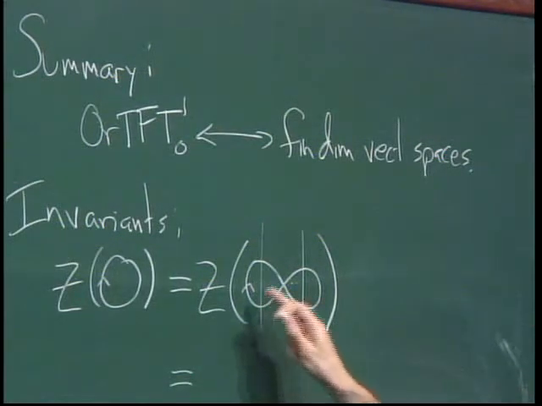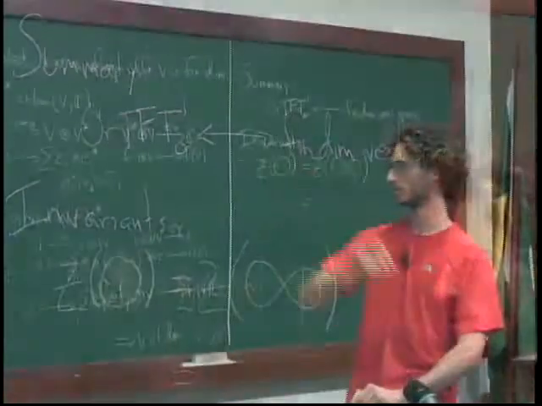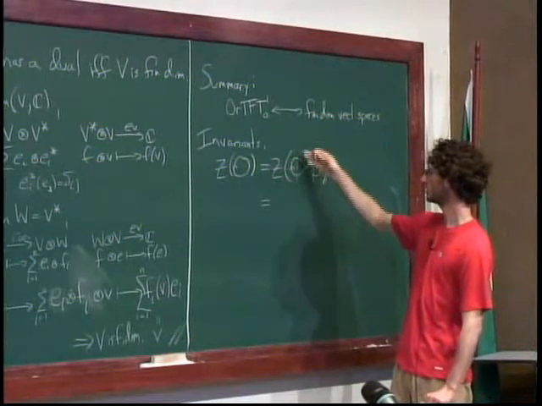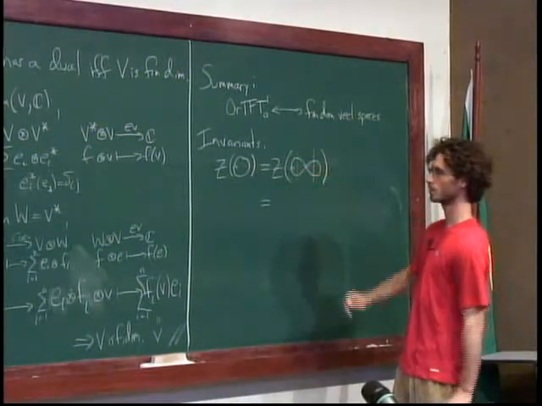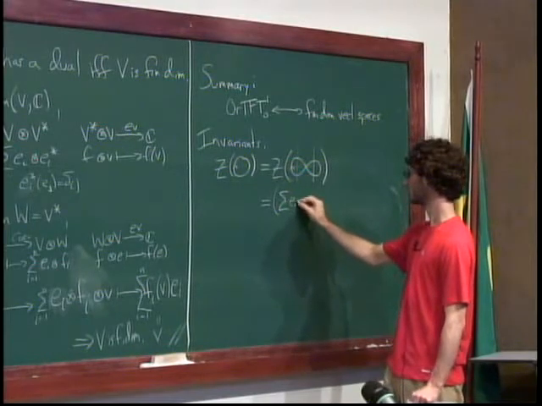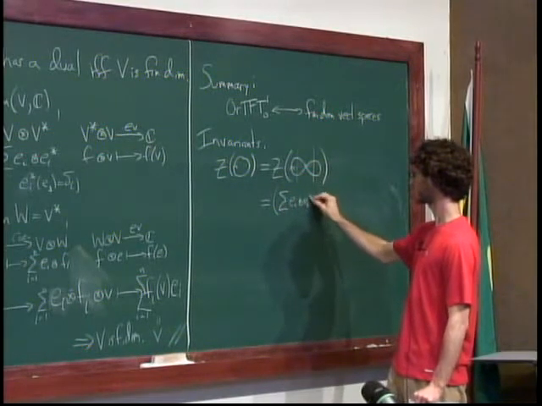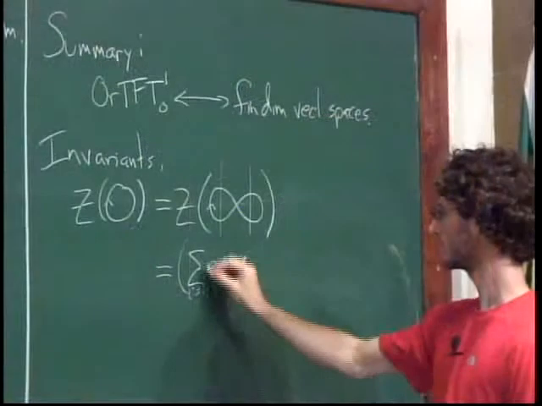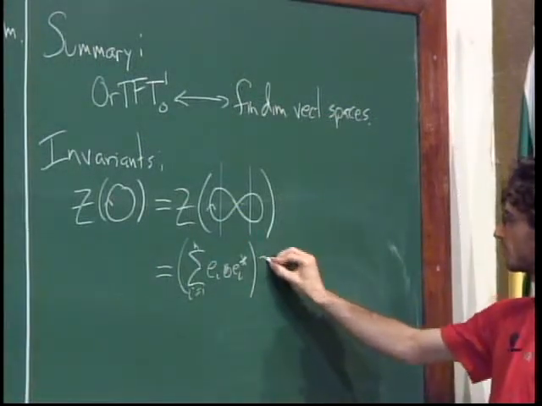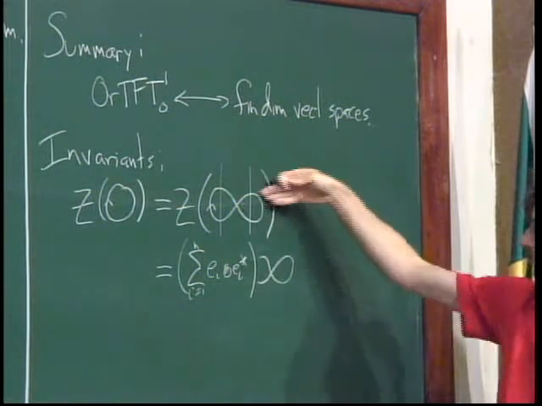So this very first piece sends 1 to the co-evaluation on 1. So that's the sum of e_i star, e_i, from i equals 1 to n. And then we have to apply the rest of this bordism.